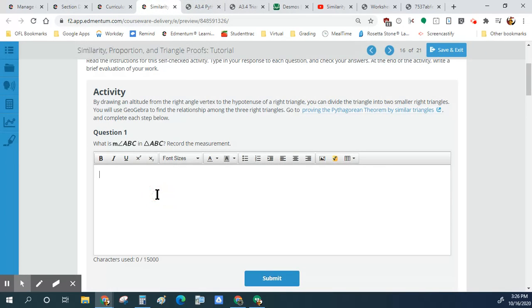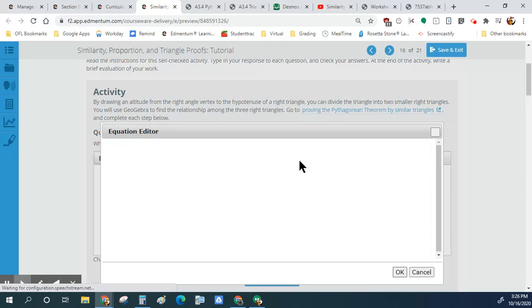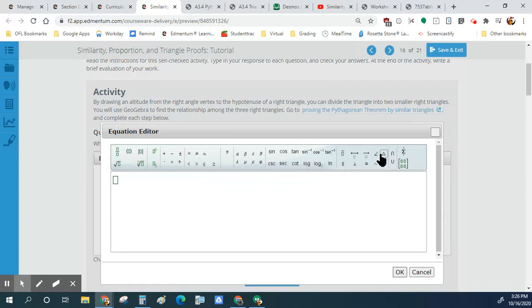So we'll use the equation editor and get this little angle symbol right here. I'm going to say angle ABC is 90 degrees, making triangle ABC a, do they have the right angle symbol?